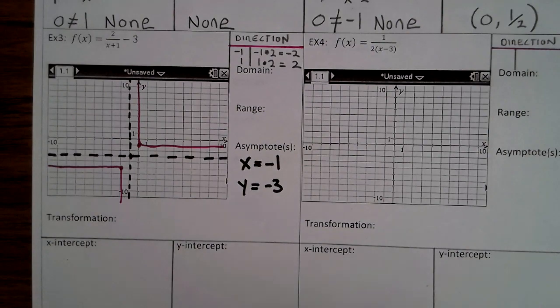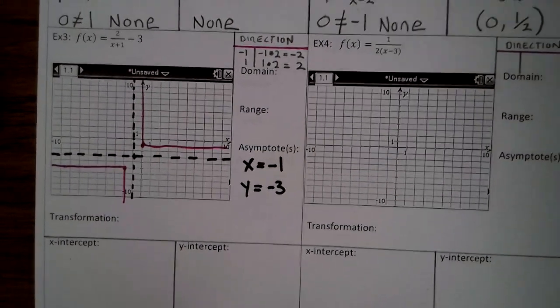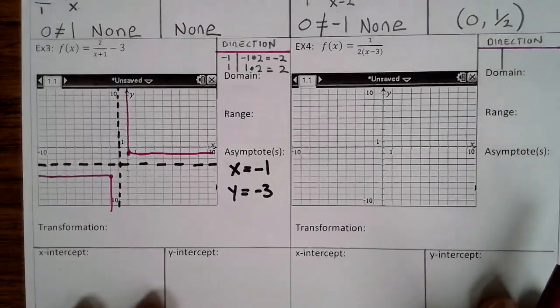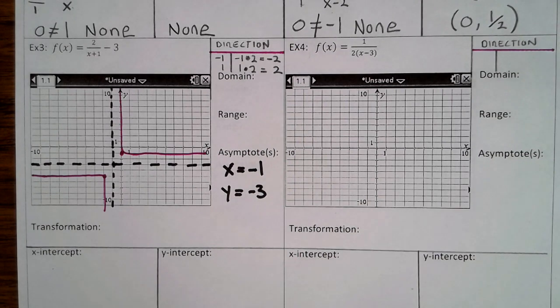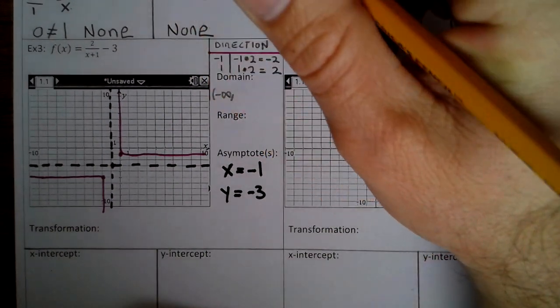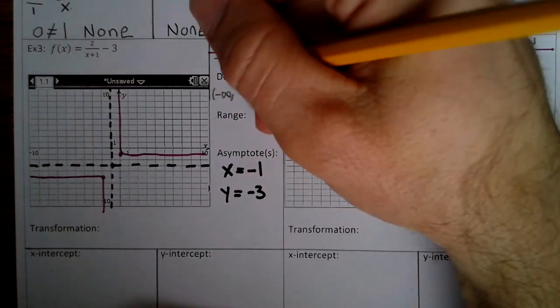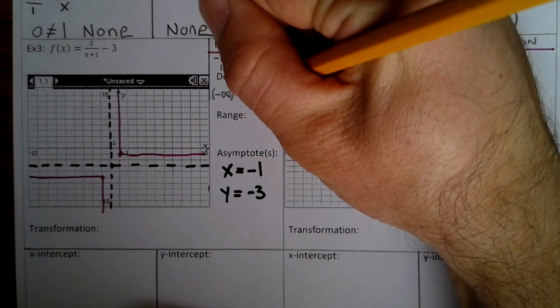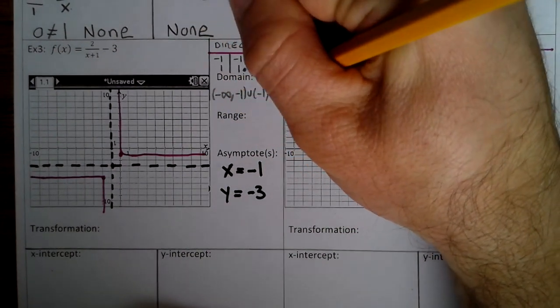All right, so our domain is negative infinity to, looks like negative 1, or negative 1 to infinity. And then the range would be negative infinity to negative 3, or negative 3 to infinity.